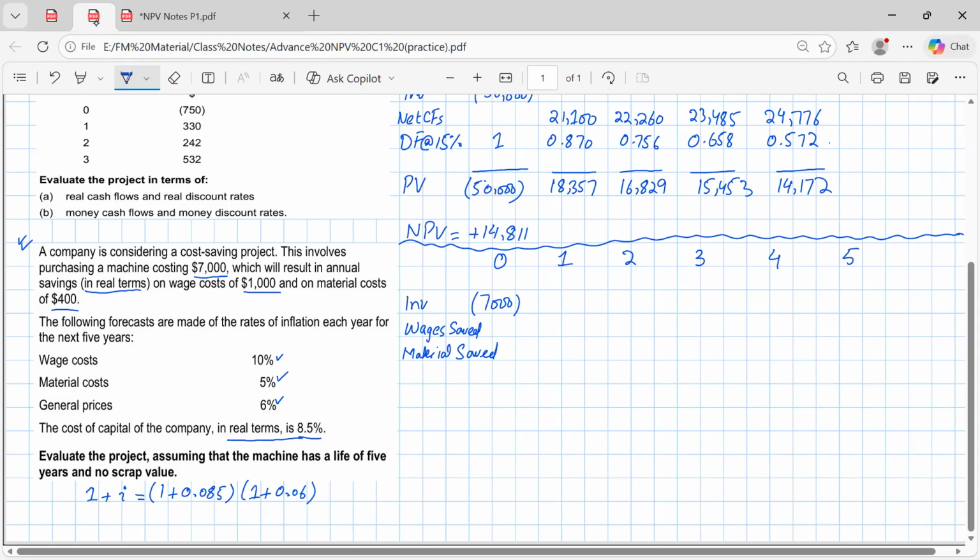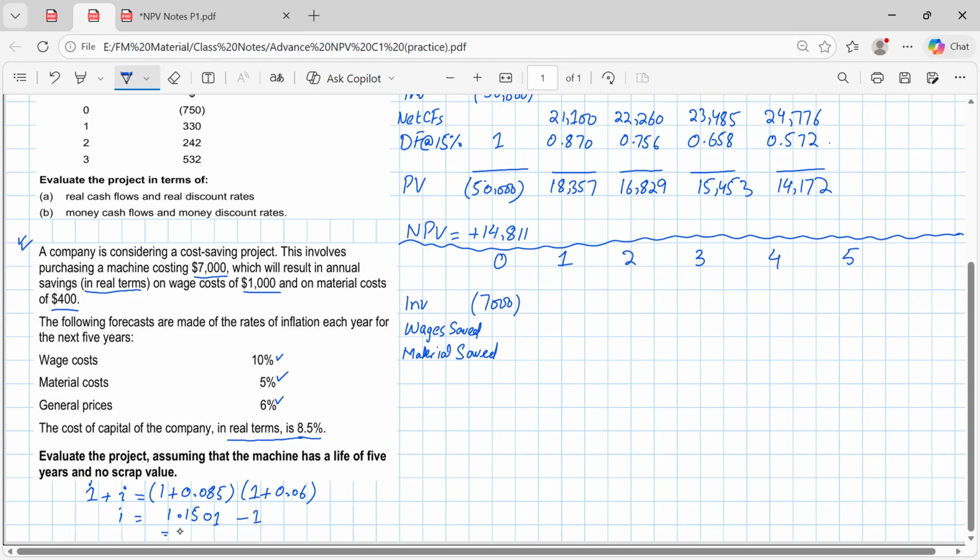1.085 times 1.06. It's 1.1501, right? And from this 1.1501, because I need to calculate i, I will deduct 1 on the other side of the equation.